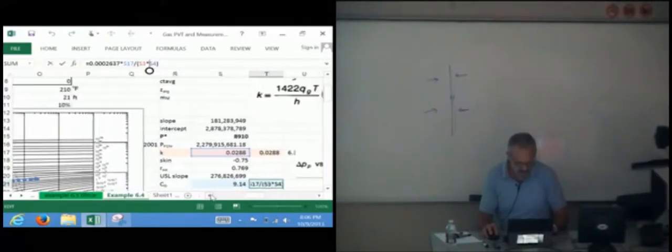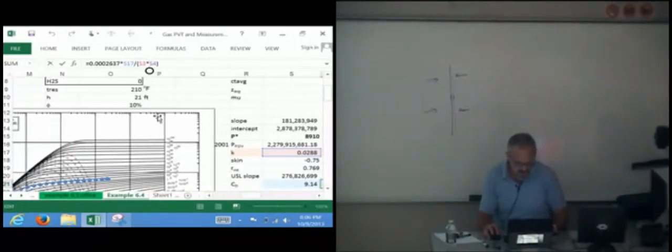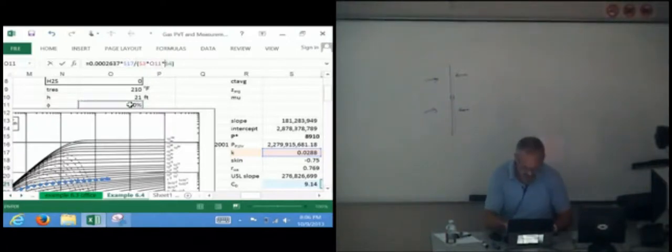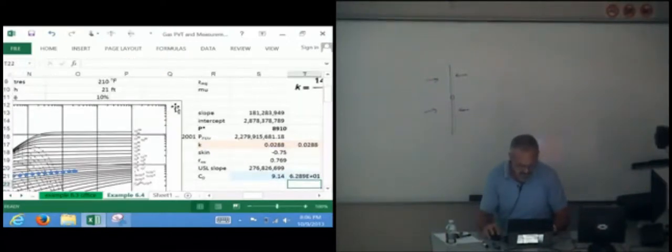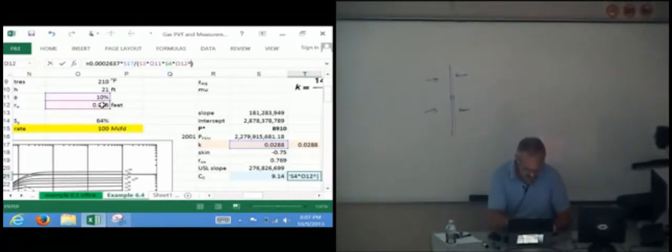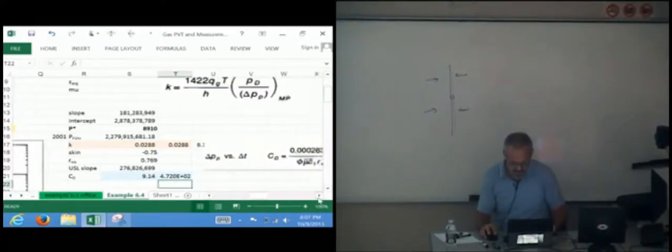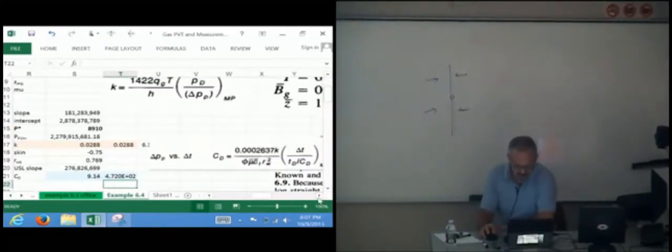I still need to add phi into this denominator and RW squared. And I still got RW squared covered up. So let's edit it one more time and get RW squared. Okay, I got my constant.